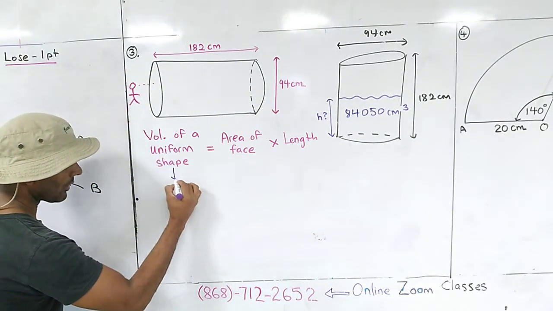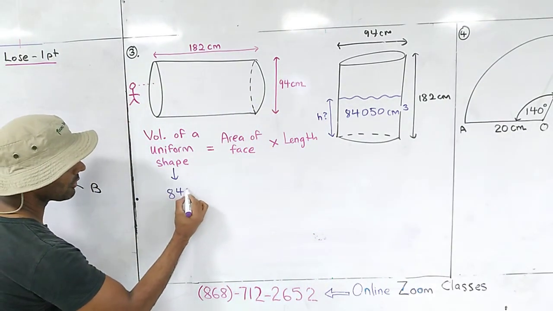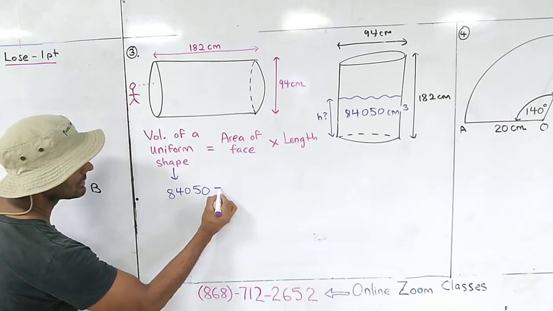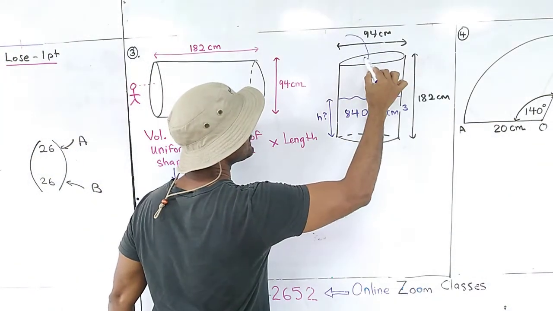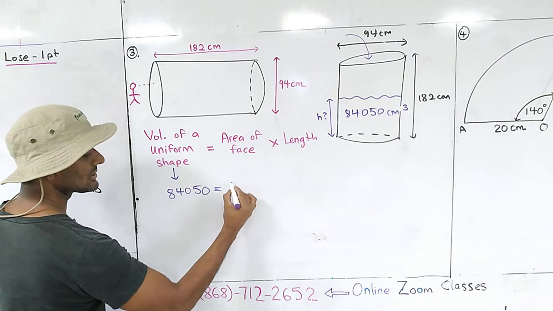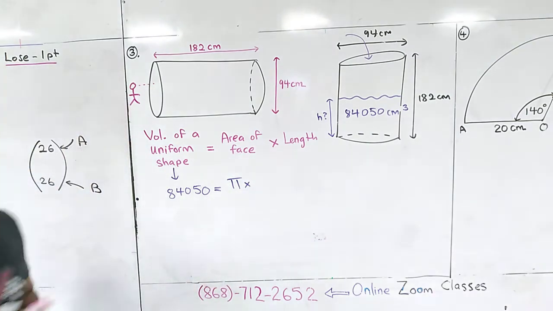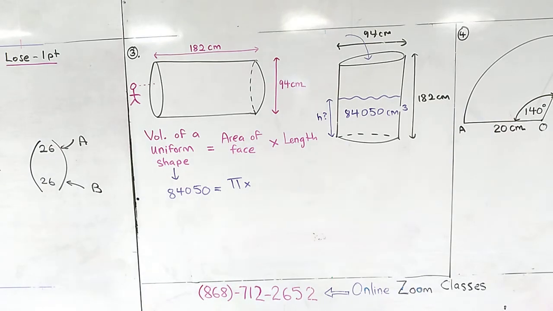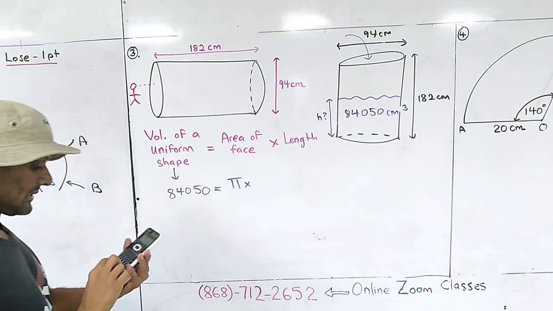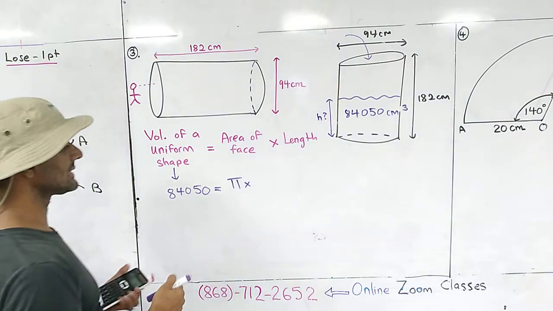Now they gave you the volume. The volume is 84050. The area of the face is still a circle, so it's pi multiplied by what? The radius squared. How much is the radius again? The radius is half the diameter. So 94 divided by 2 is 47.